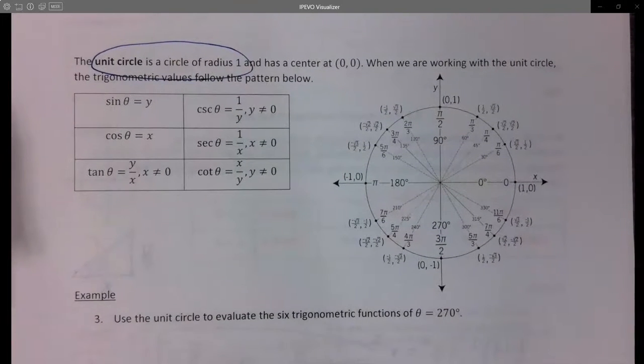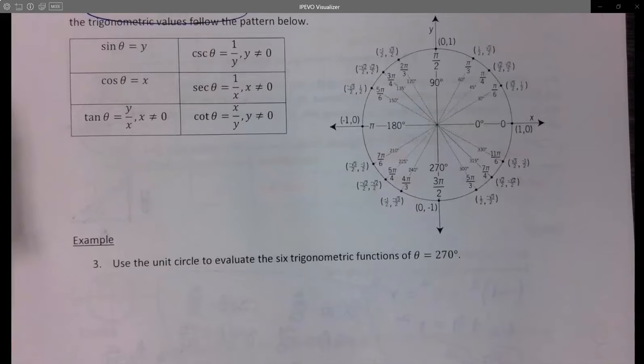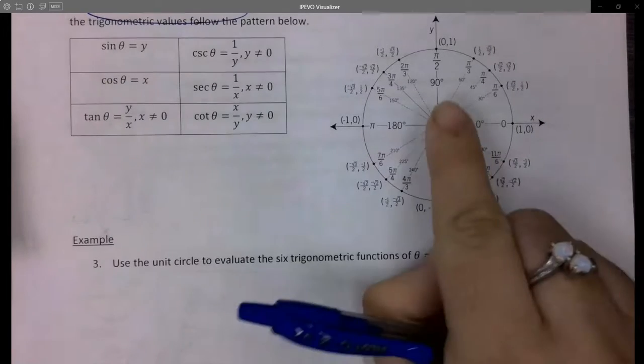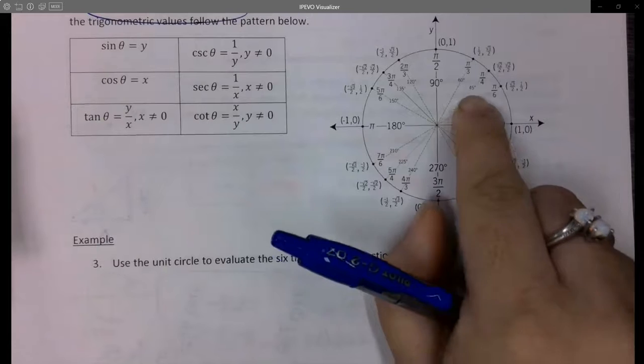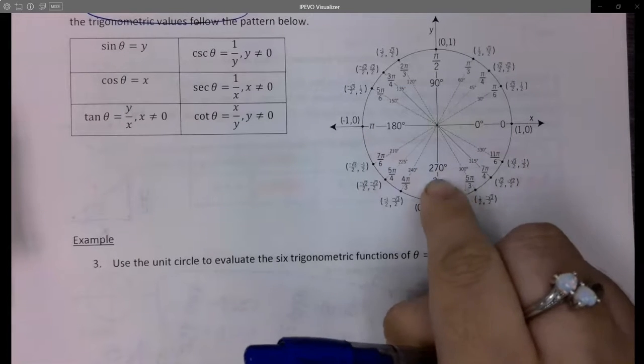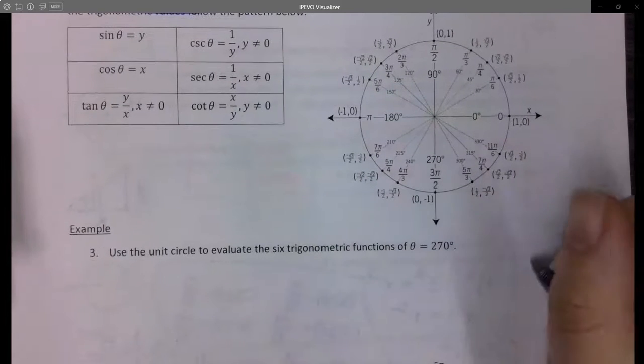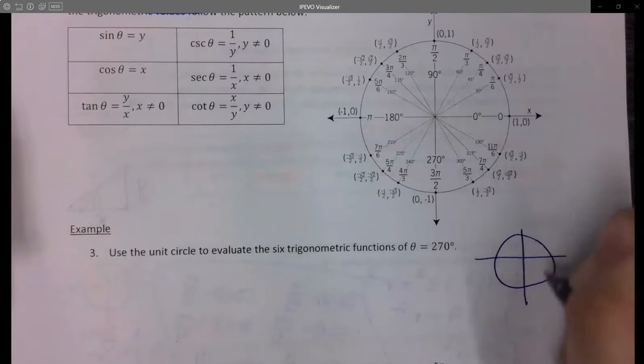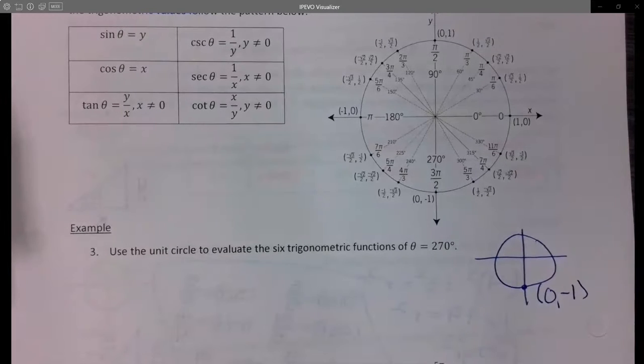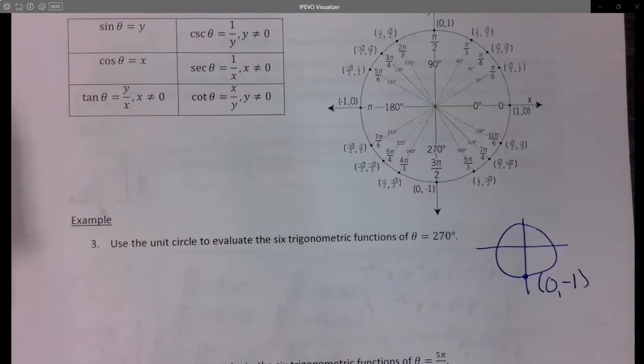So number 3 wants me to use the unit circle to evaluate the 6 trig functions at 270 degrees. So I'm looking at the inside degree numbers for 270. That is right here. So I'm going to sketch this on my paper and then mark only the 270 degree point so I know where this is.